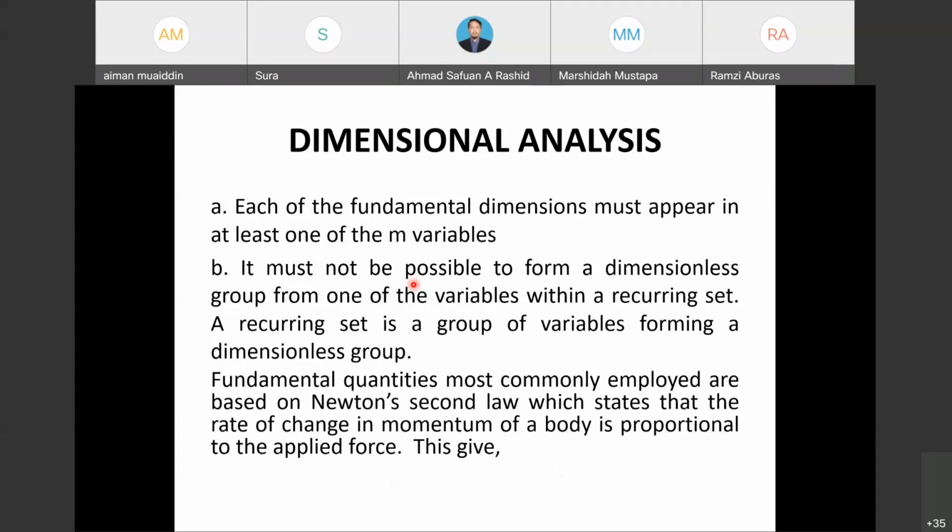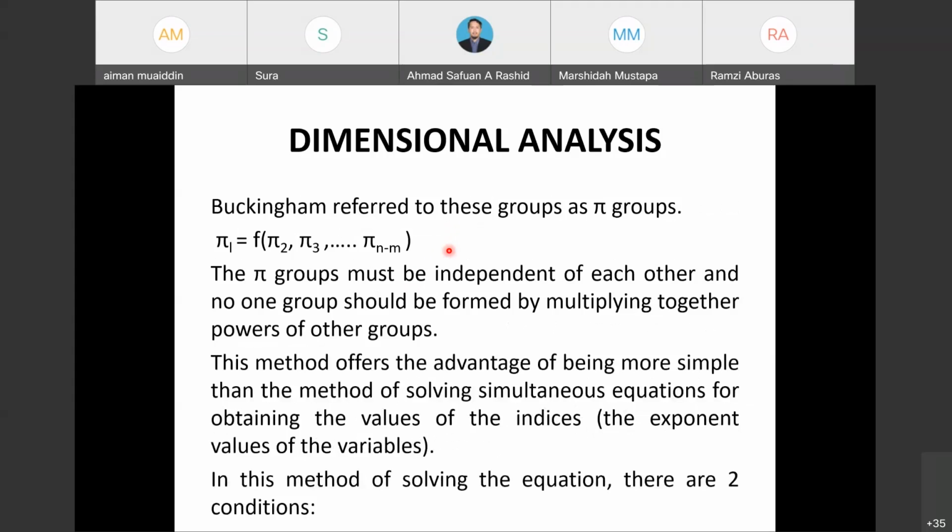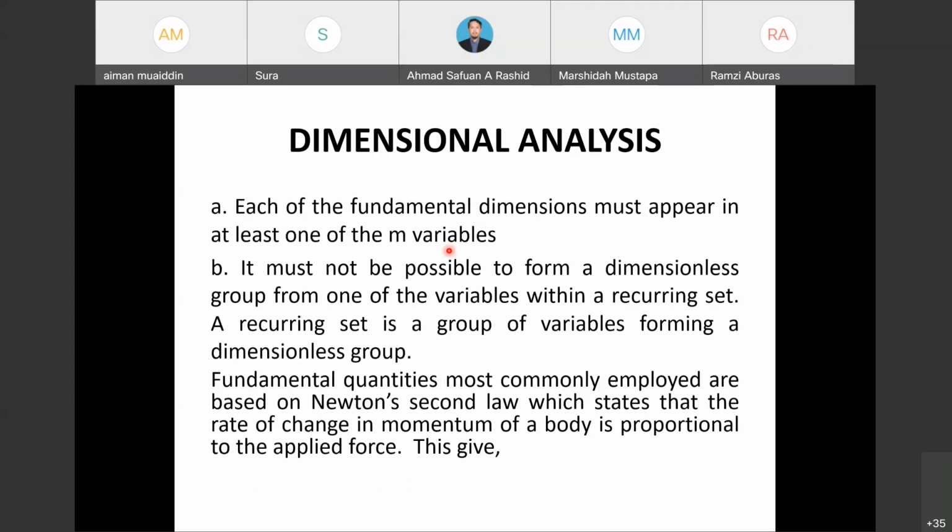It must not be possible to form a dimensionless group from one of the variables within a recurring set. A recurring set is a group of variables forming a dimensionless group. I can explain this more easily by showing the example. So this is the condition that we need to follow.